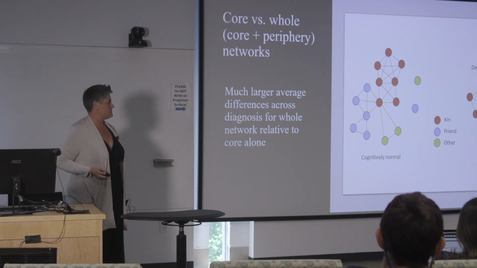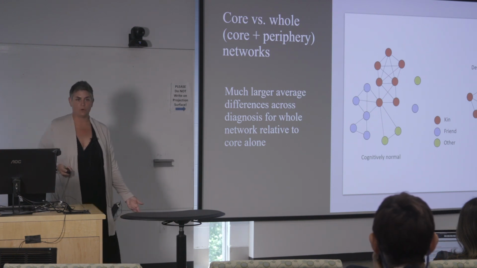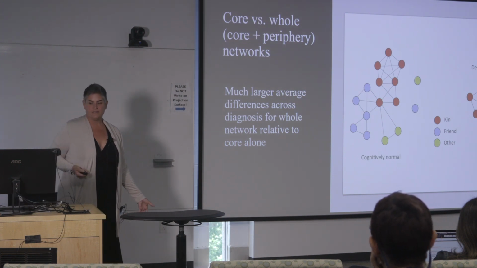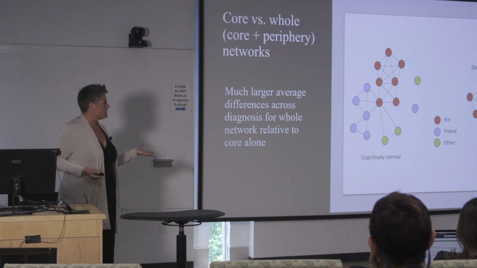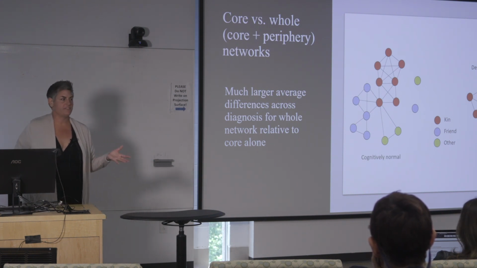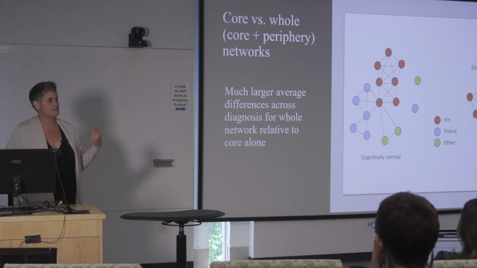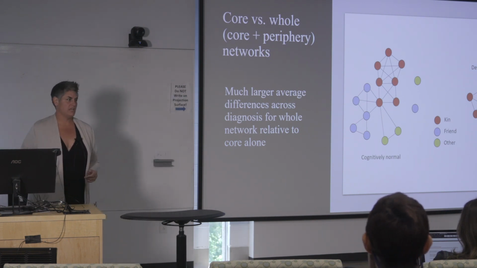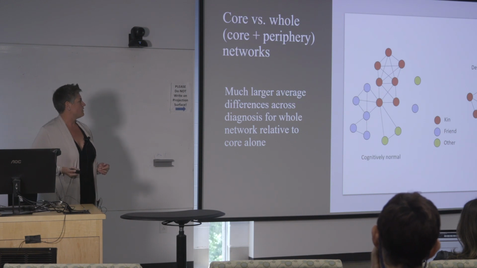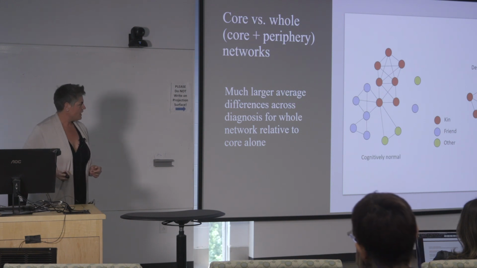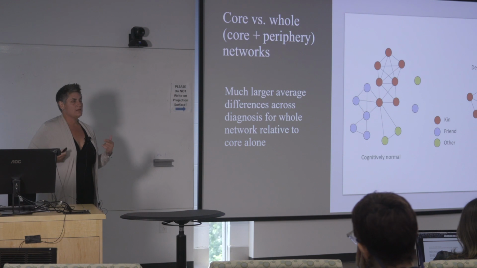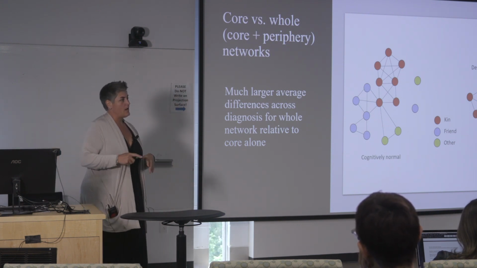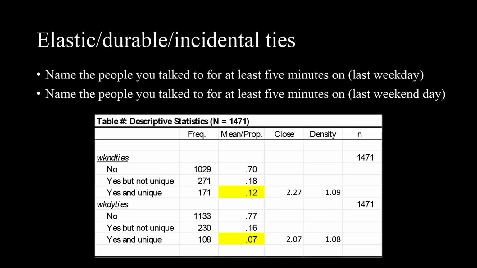And on the left, this is what an older adult who's cognitively normal looks like, which was really interesting and a surprise to us because these networks are much larger and less connected than we would have thought they would be for older adults, given the theories I was just telling you about regarding socio-emotional selectivity and honing in on the stronger ties as you get older. So when we're talking about measuring bridging, you get a lot more bang for your buck, a lot more variation, when you have larger ego networks.